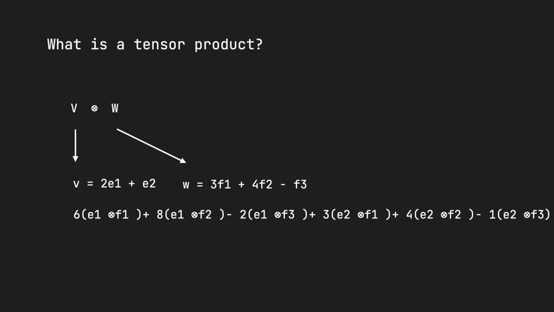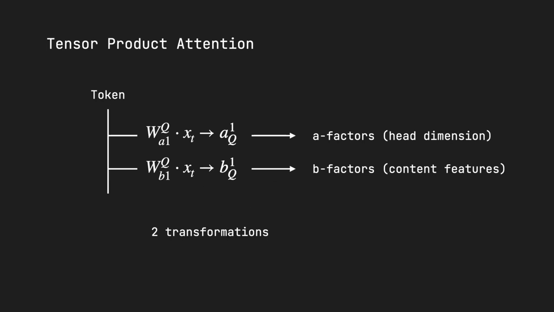You'd see that it has its own basis vectors, and the basis of this new vector space is m times n, where m is the basis dimension of V and n is the dimension of W. Going back to how this is used in tensor product attention, when we do these operations and figure out what the A factors and B factors are, in order to combine them together to get the query, we're going to form a tensor product.